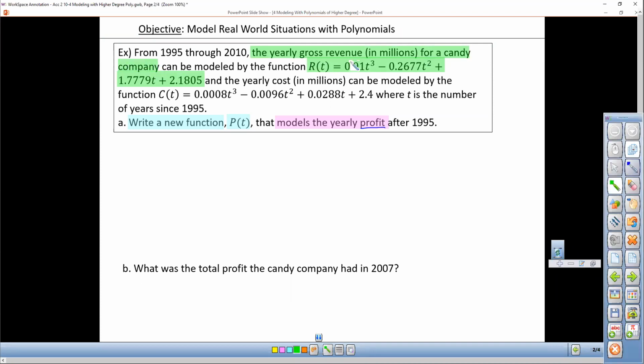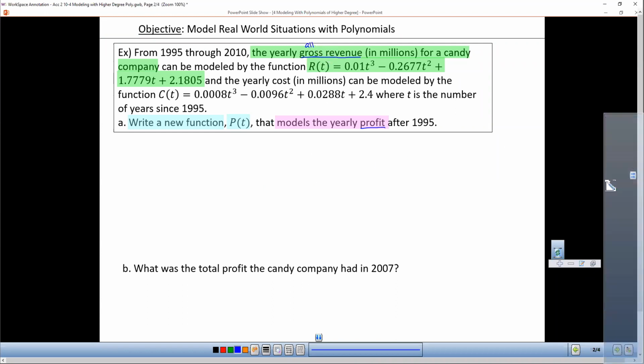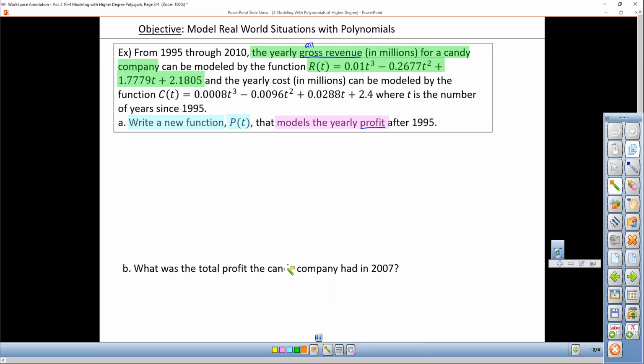So it represents what we call revenue. Gross just means total, all or total. All the revenue. Our other function says that C of t, shown here. We're told that this represents the yearly cost in millions, which we would assume is in dollars.